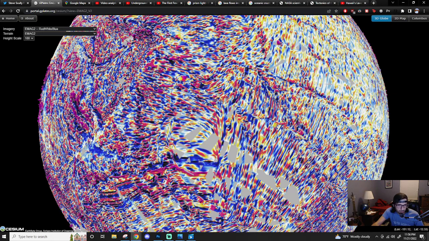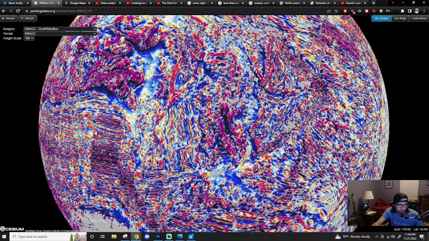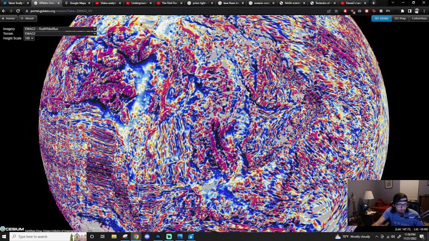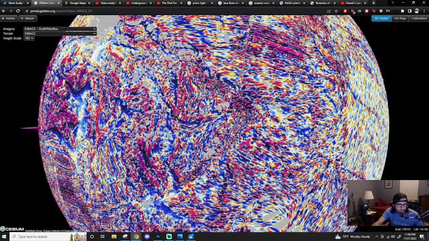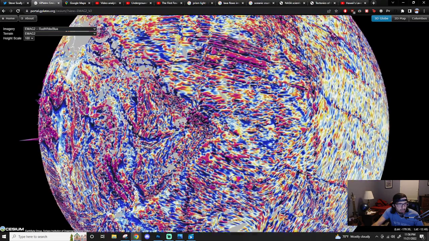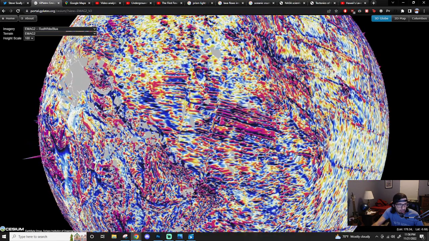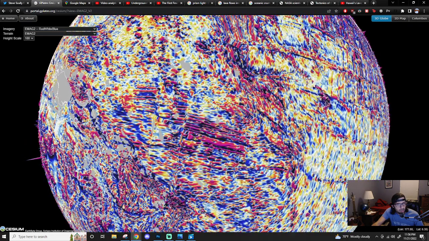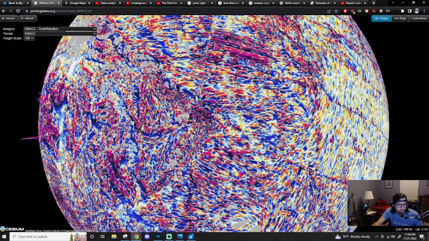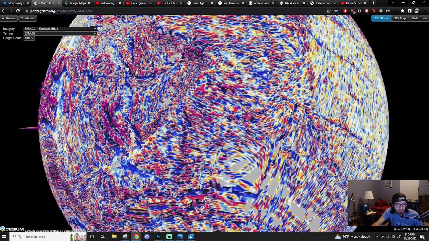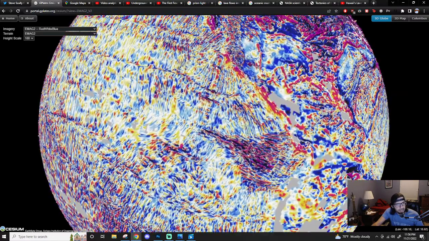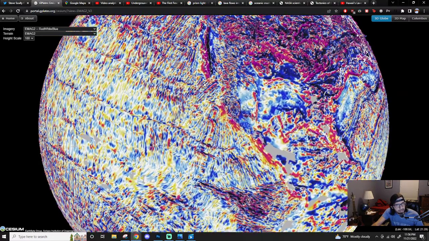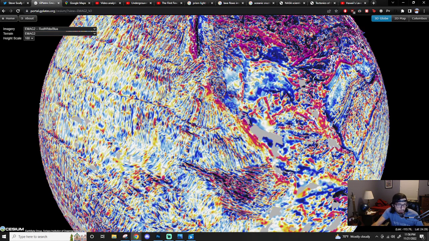It maybe just flows along the boundary of Australia? Or some boundary here? Maybe here, even? I don't know how it would get there, but it does look like the current kind of goes out to here.